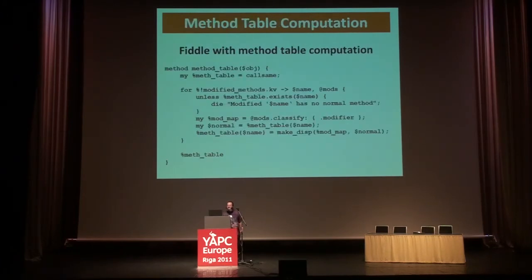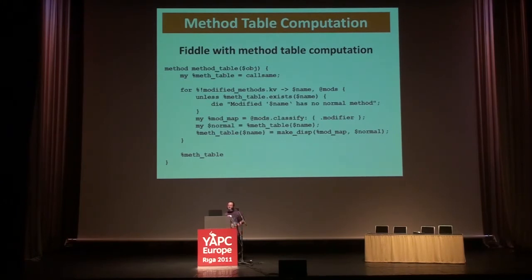So finally, what I now need to do is just fiddle with what we call method table computation. So this method called method table is actually called to make a hash which contains all of the methods that we could call. So what we do is we do call same first, which means get the normal, unaltered method table. Then we go through all of the modifiers, and then we make sure that the modifier actually is modifying an existing method.